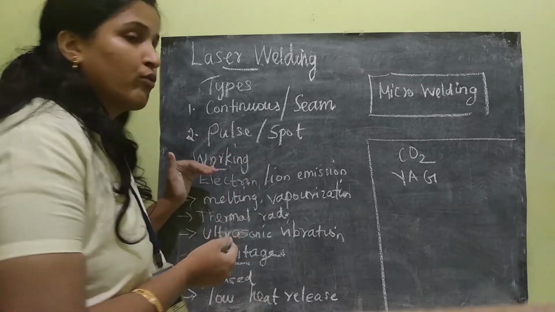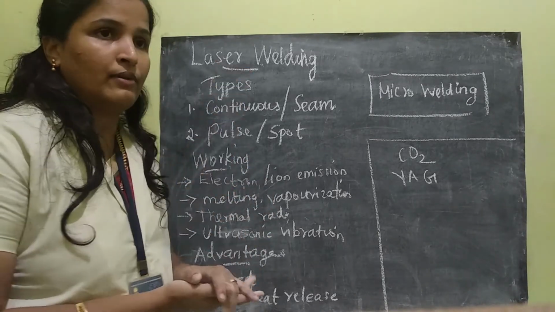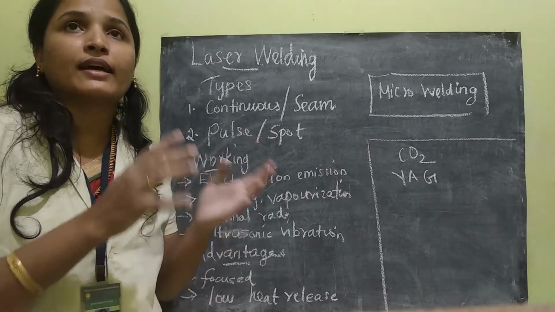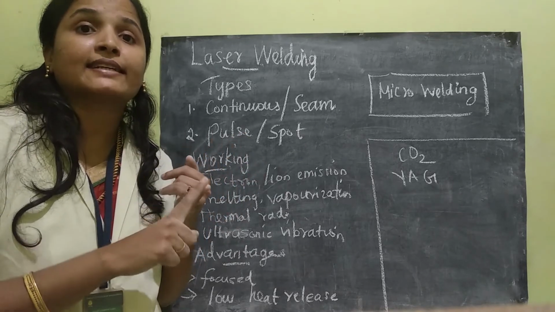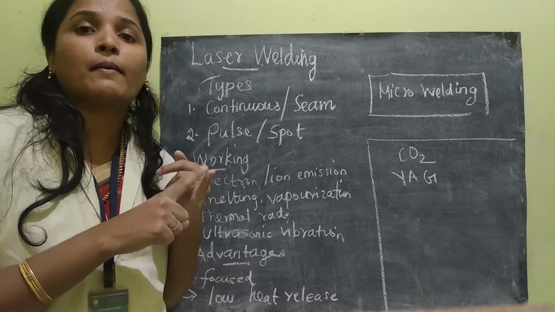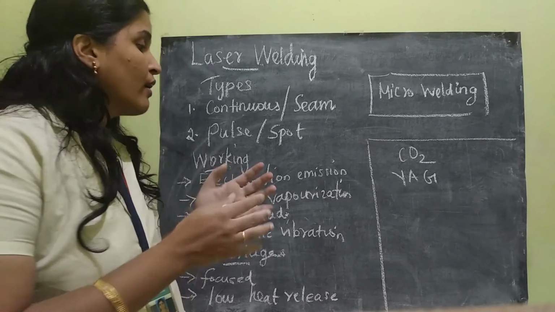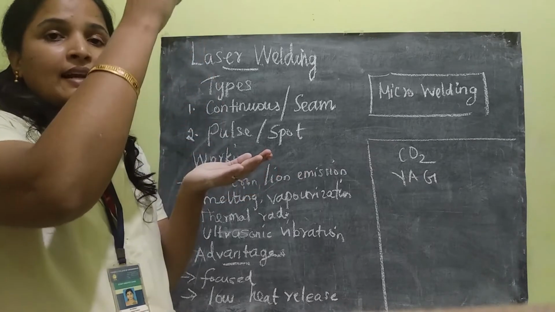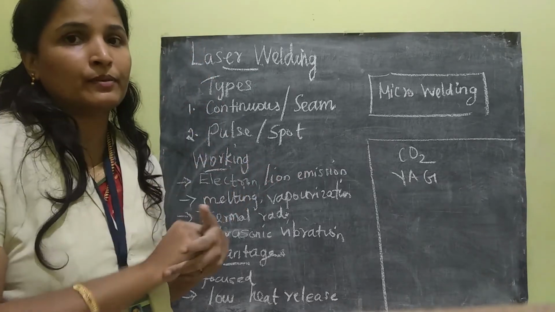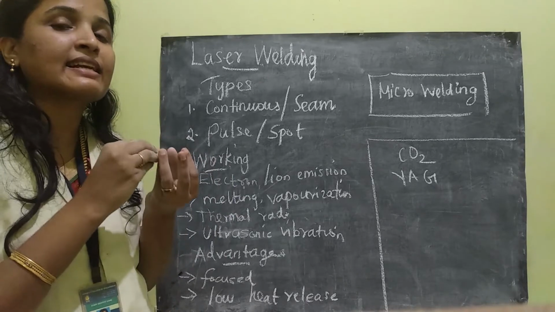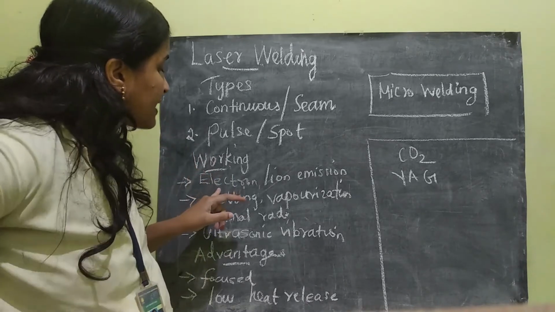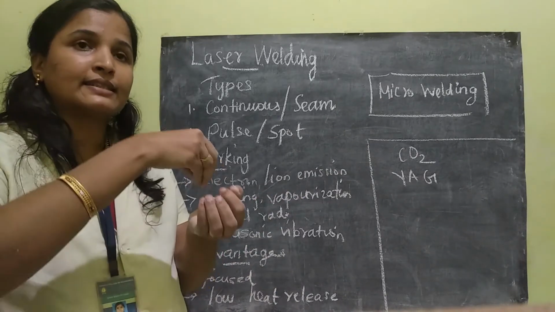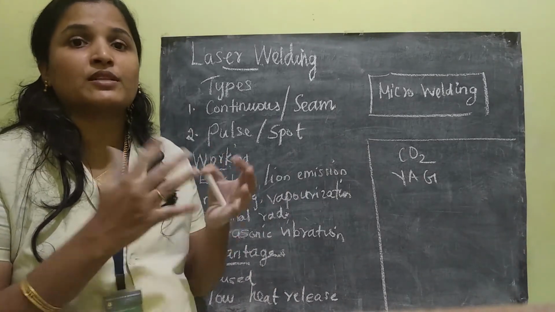Now let's see the working of laser welding. Just remember the block diagram that we used for laser instrumentation of material processing. We have a workpiece, and the laser light is allowed to fall on the workpiece. Because of that laser light, initially some electron or ion emission takes place, as we know, some stimulated emission happens.